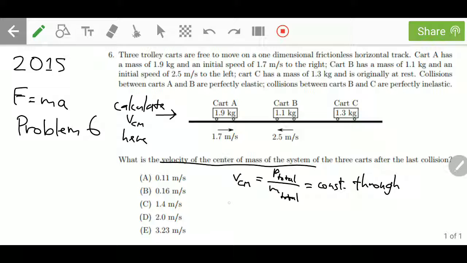So what is the total momentum? The total mass is just 1.9 kilograms plus 1.1 kilograms plus 1.3 kilograms. That's 4.3 kilograms.